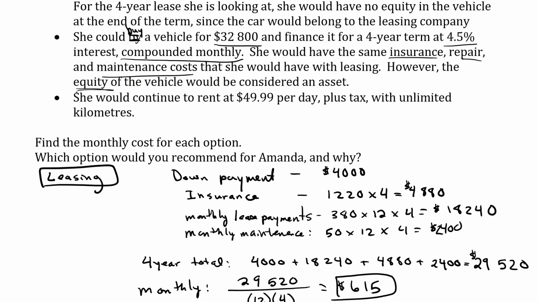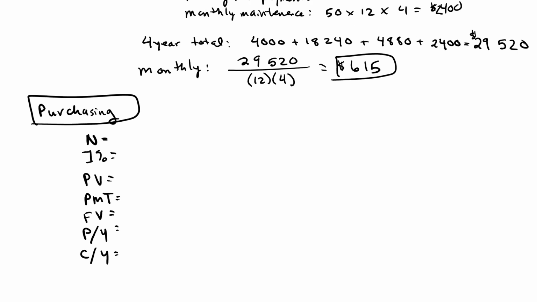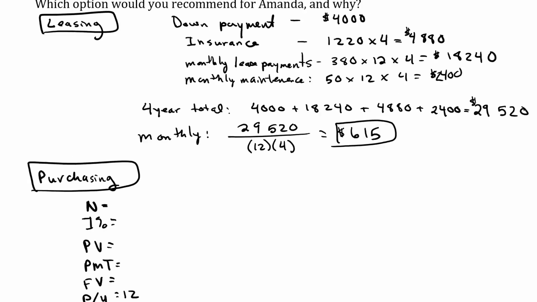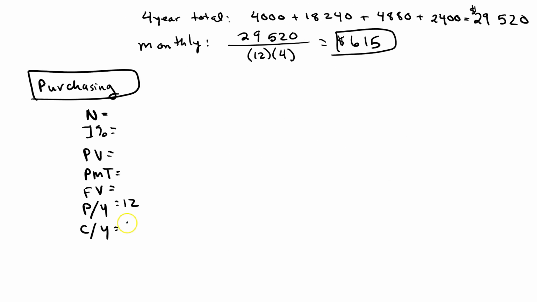The equity of the vehicle, what the vehicle is currently worth, is able to be considered an asset, which a leased vehicle could not. So let's figure out in our TVM solver what we need to plug in for these values. We know that there are monthly payments and the interest is compounded monthly.